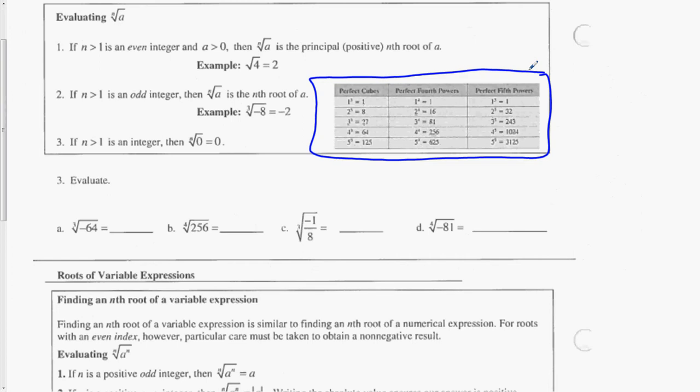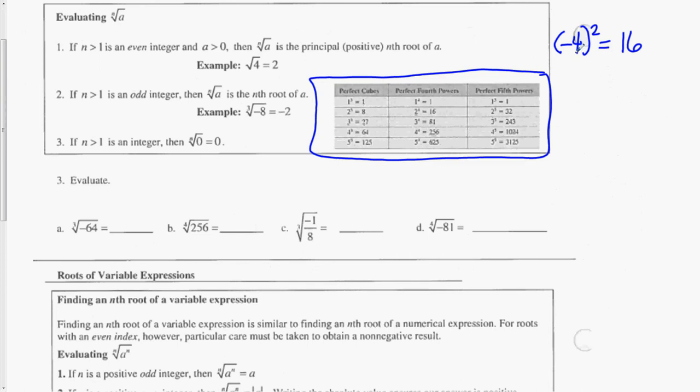Now, let's talk about when we did square roots of negatives versus cube roots of negatives. Remember when we square a number, -4 squared, we always get a positive answer because a negative times a negative is a positive.